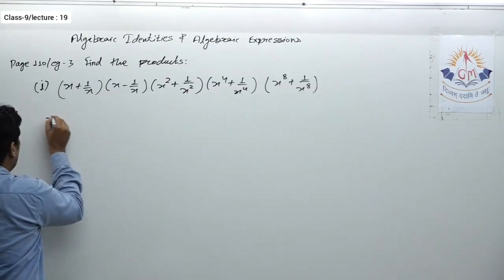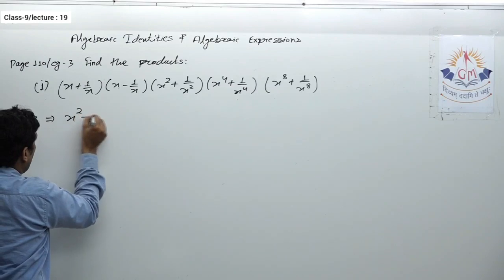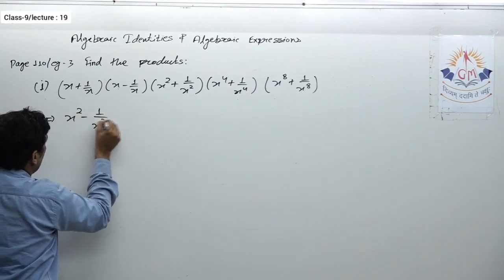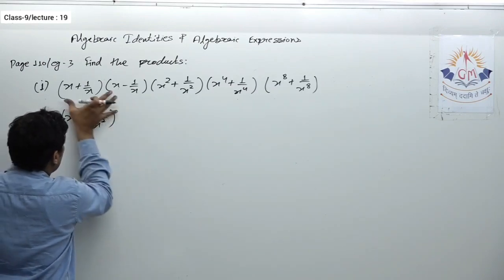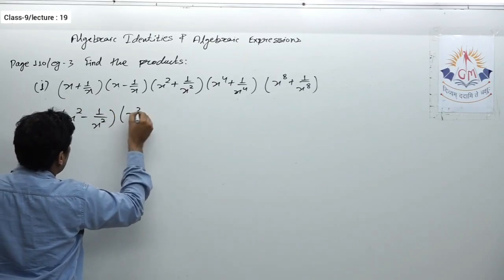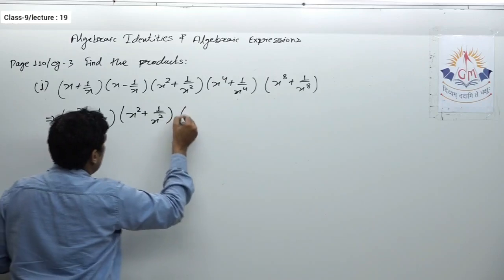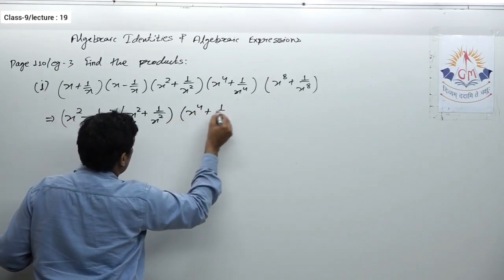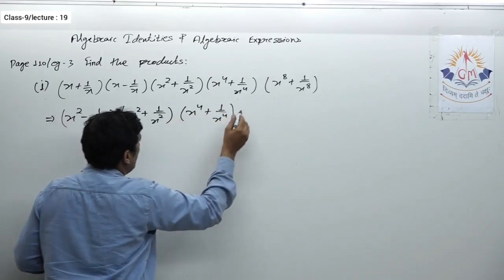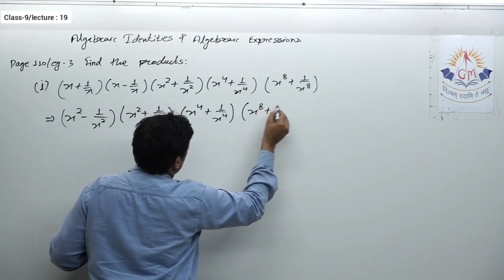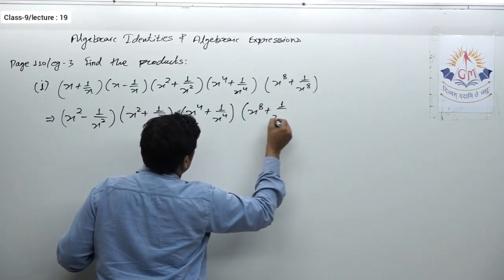So here I will get x square minus 1 upon x square, the product of these two, and this remains as it is. This I can say is the third term, then the fourth term, and the fifth term that I included as an extra remains as it is.